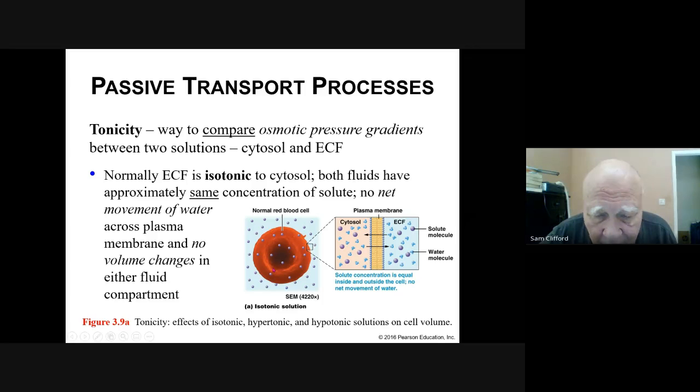That's why when you go into the hospital or you need an IV drip, you have to have normal saline. Saline that's the same concentration compared to your blood or plasma and so on.